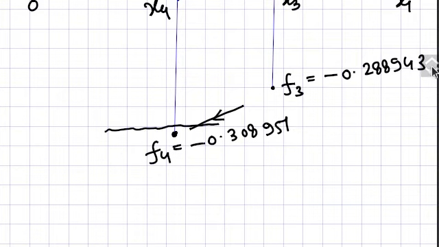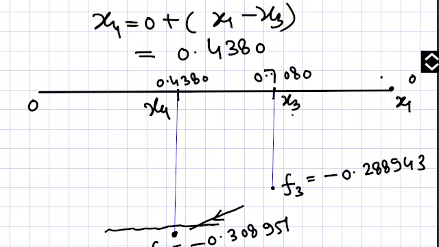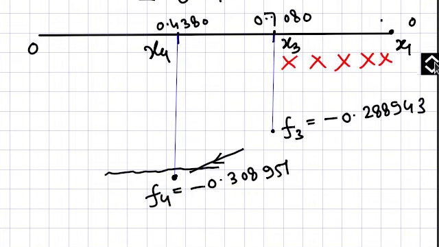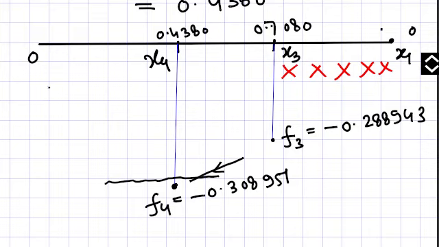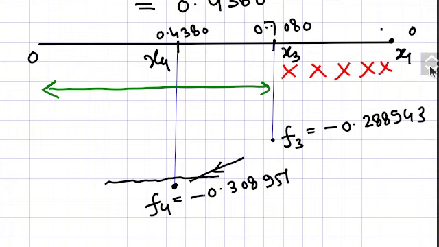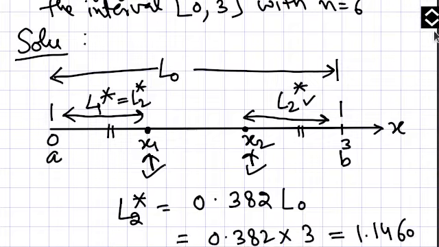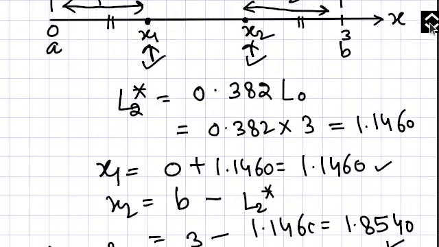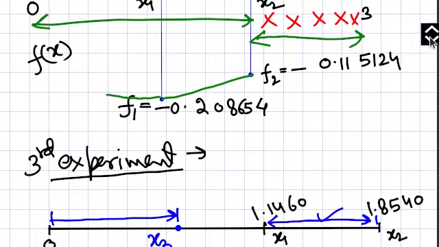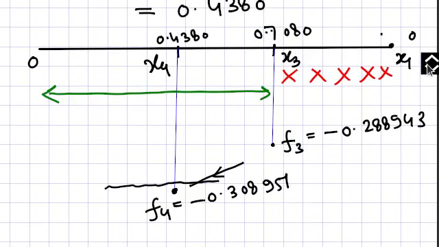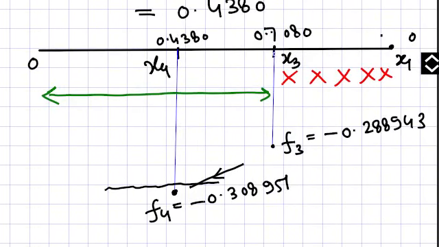and we can very well delete this area, this way. The area that we have got is the new interval of uncertainty. So you can see how we started from 3, the point whose value was 3, and now we have come to 0.708.